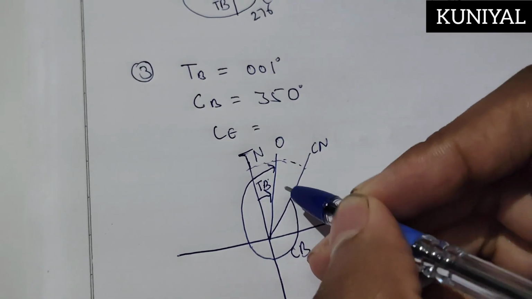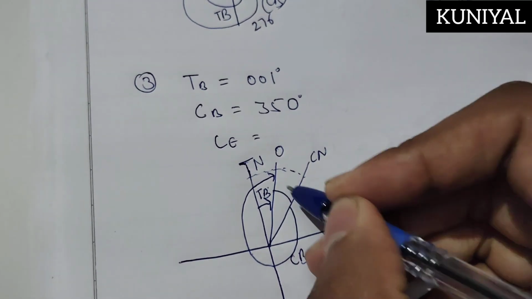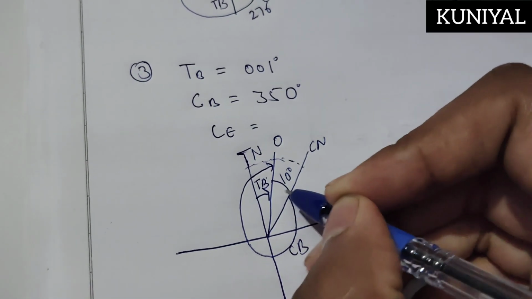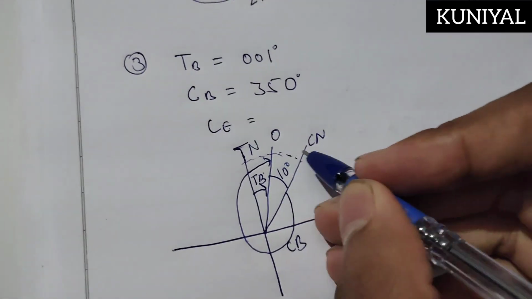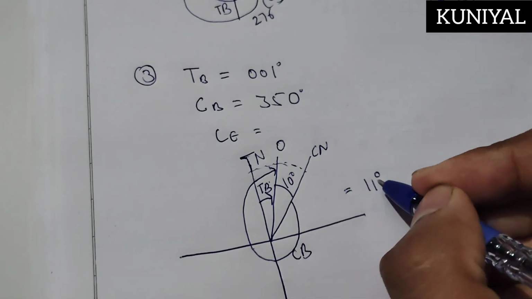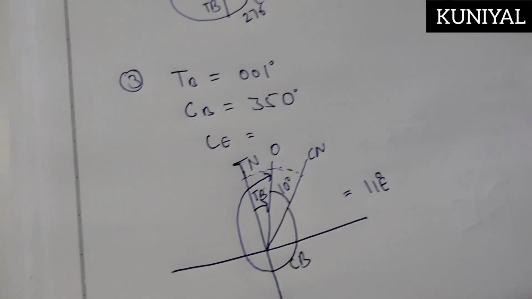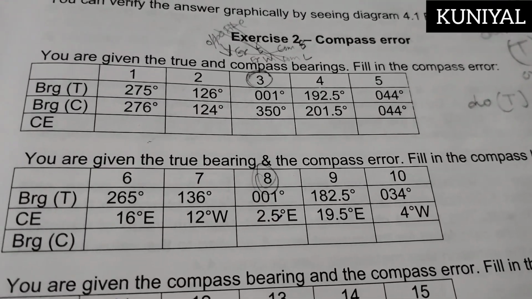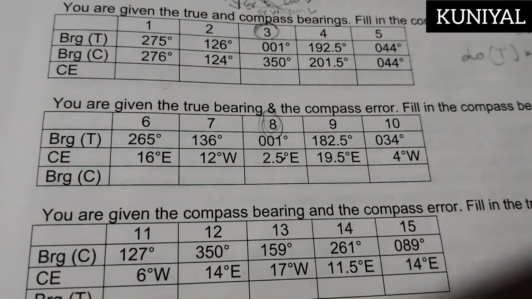This is 360 minus 350 degrees, so we get 10 degrees, and 10 degrees plus 1 degree equals 11 degrees. Compass north is east of the true north, so the error will be 11 degrees east. The fourth and fifth are easy ones, you can do them by yourself. And we will now move to the next questions.